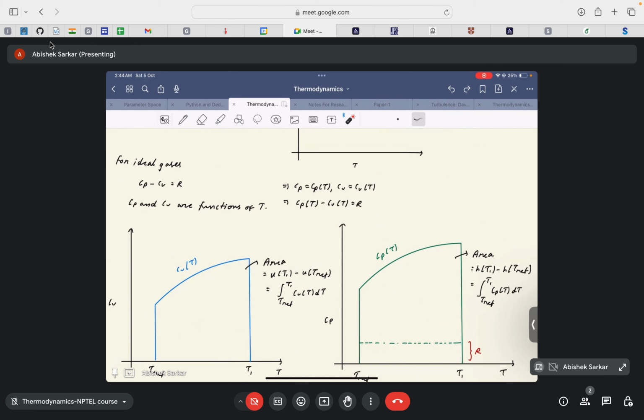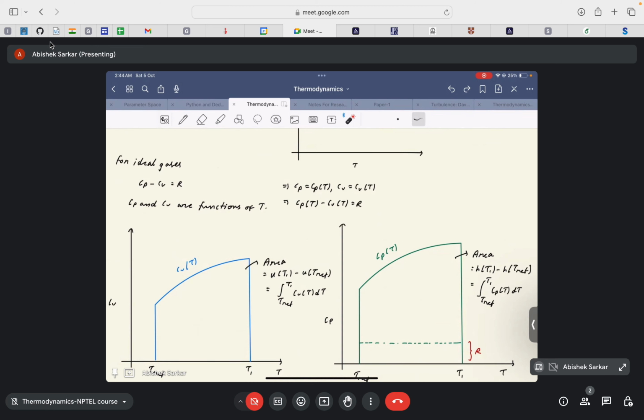Again, they tend to have the same uniform difference even in the case of an ideal gas: Cp minus Cv, even with both of them being functions of temperature, would still maintain the constant difference of the specific gas constant R.